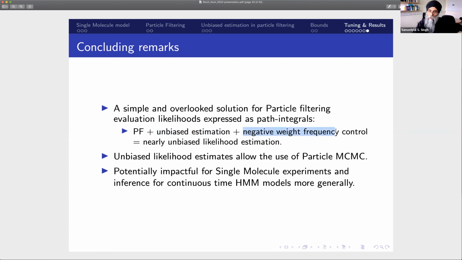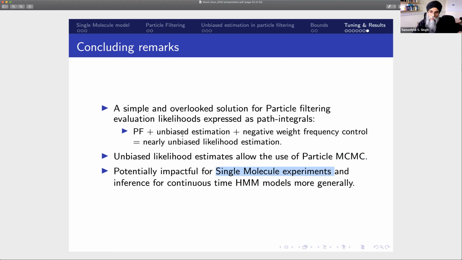The frequency of negative weights we control, and effectively we have a nearly unbiased method for estimating likelihood. Now, once you have unbiased estimates of the likelihood, you can effectively find the posterior using particle MCMC, and this is useful and impactful for single molecule experiments because they have a bias that they cannot quantify, and hopefully we remove it for them.